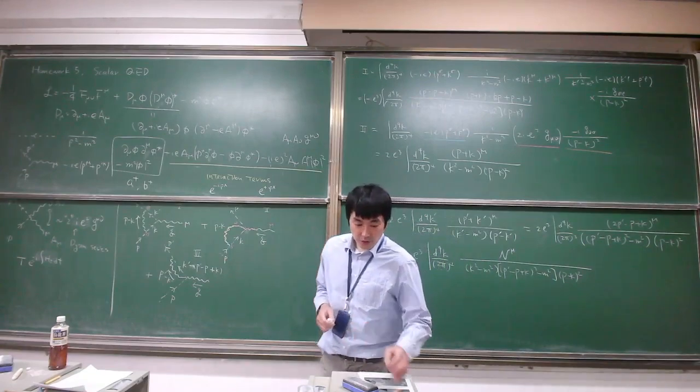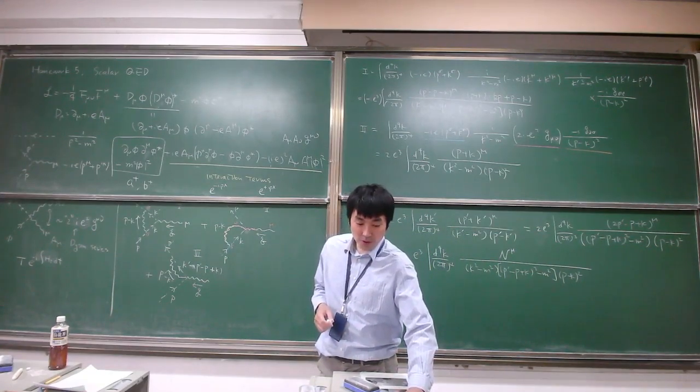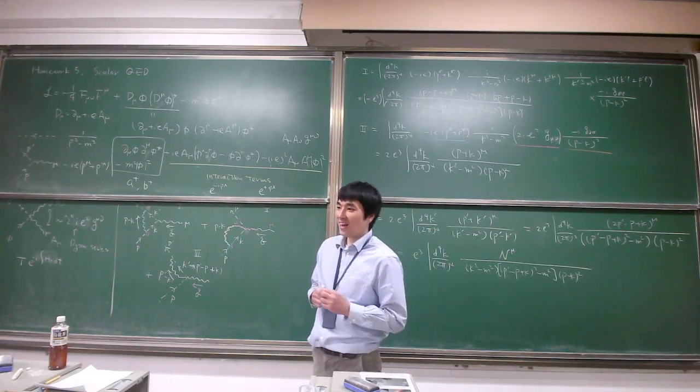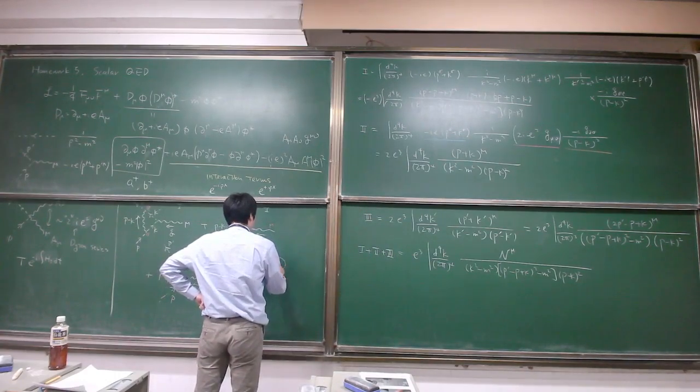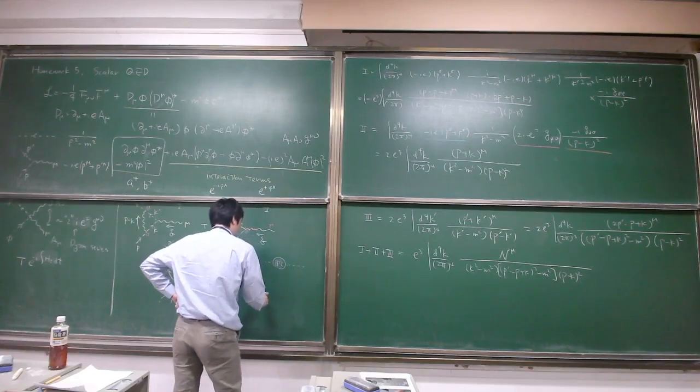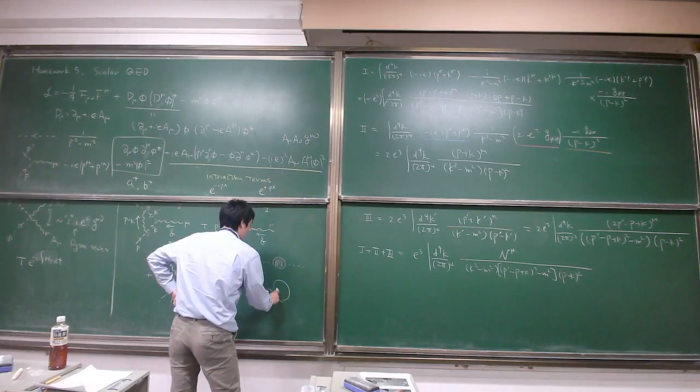So that's the scalar QED, and the scalar QED shows up in this diagram. I forgot this diagram. One PI. Oh yeah, and also this diagram. One PI.